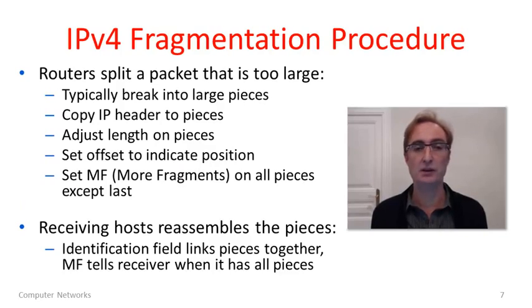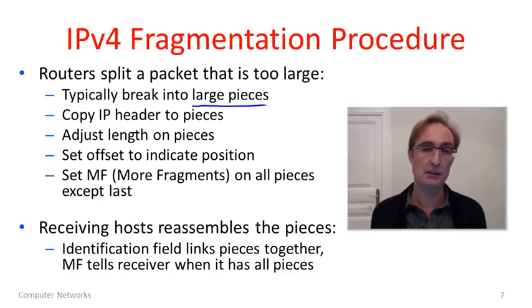Okay, so with these fields, now let's go through the procedure that's used to perform fragmentation. So when routers receive a packet which is too large, they'll begin fragmentation. To do that, they need to divide the packet into pieces. Typically, they'll break it into large pieces: the largest piece, which will fit across the next link, and whatever's left over after that. And you could break it into more than two pieces too. We're just using two in our examples here.